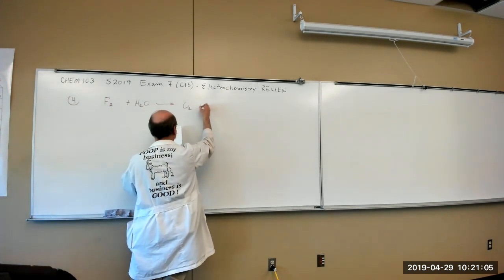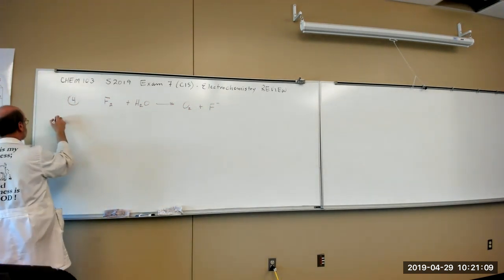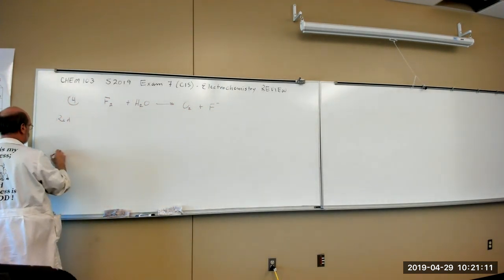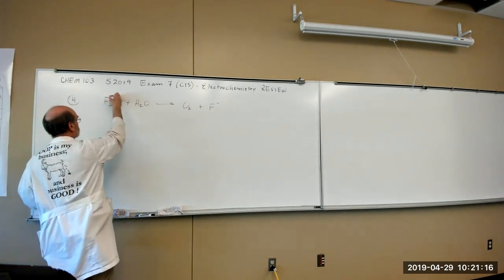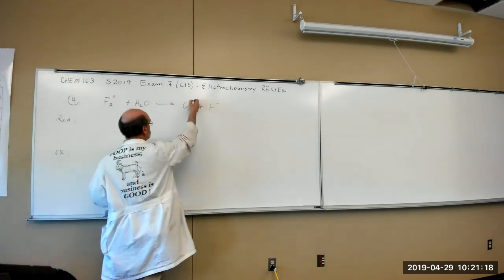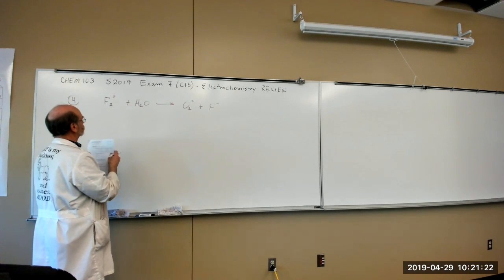Oxygen and chloride ion. So now we have to decide which one's reduction, which one's oxidation. Elements, remember? 0, 0. Well, minus 1. Fluoride is reduced.